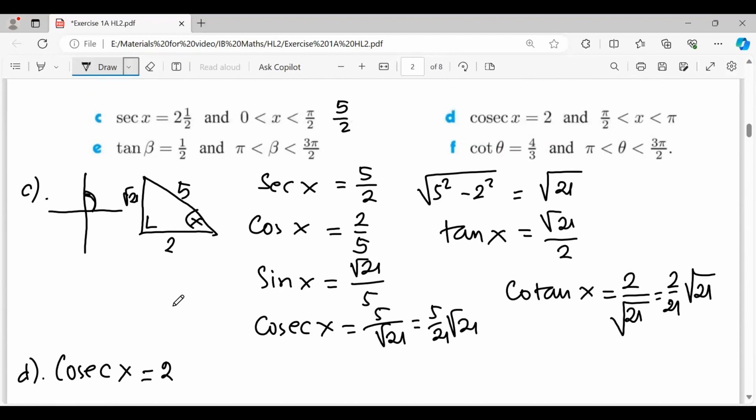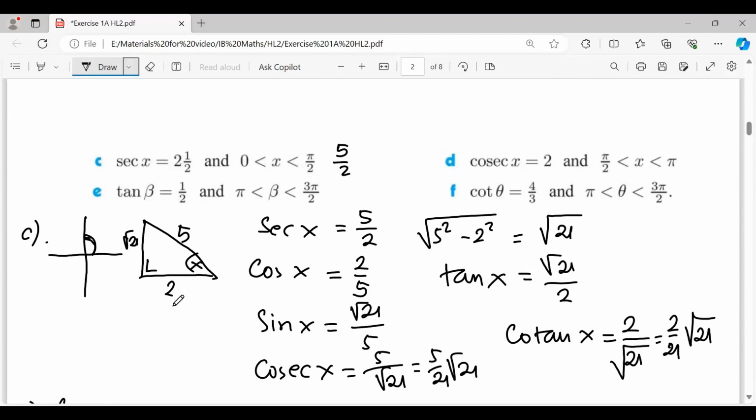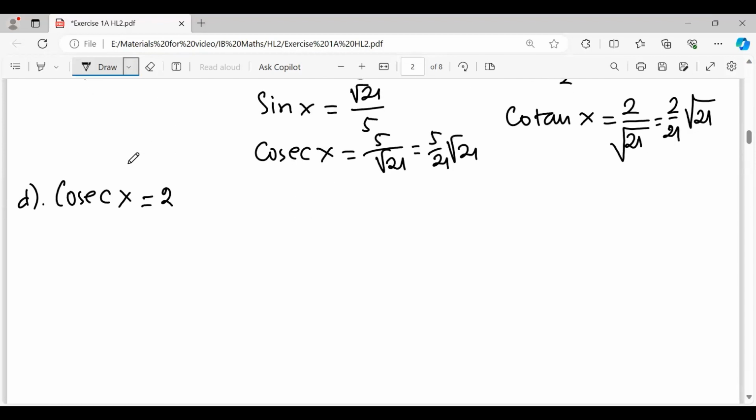And the interval pi half to pi. Okay. Pi half to pi, it means here, the second quadrant. On the second quadrant, sine is positive.